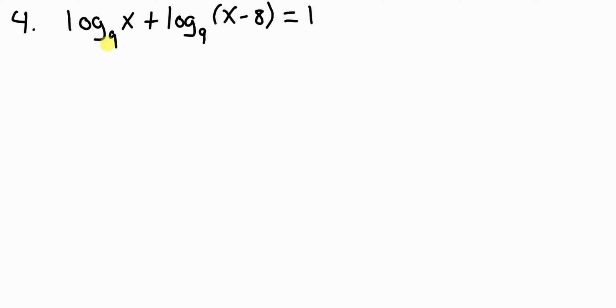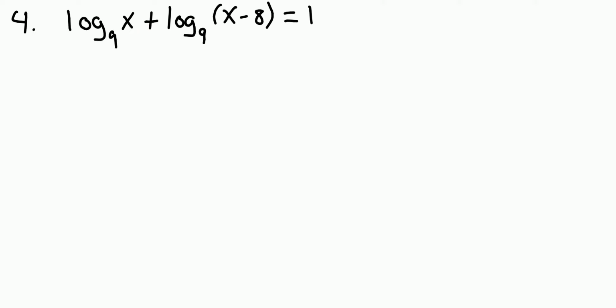We have log base 9 of x plus log base 9 of x minus 8. Both of these logarithms have the same base of 9. That means that I can condense them into one logarithm. Since this side has addition, I can condense it using the product property, or using multiplication.